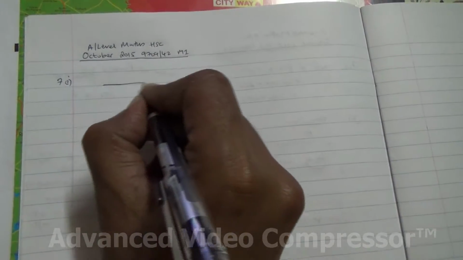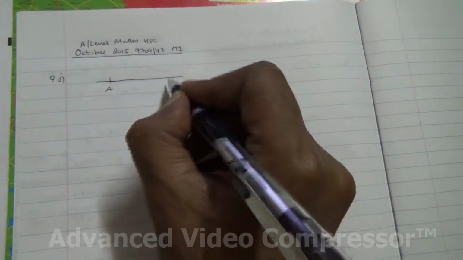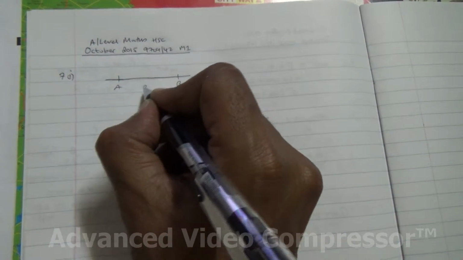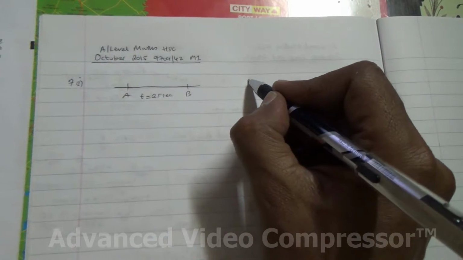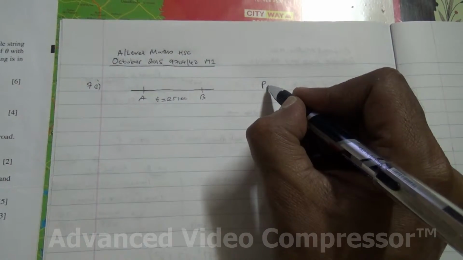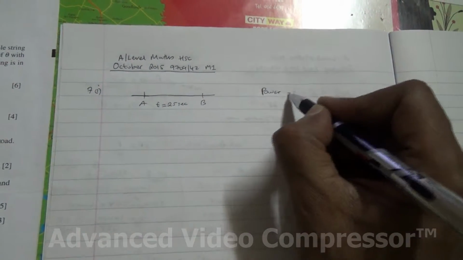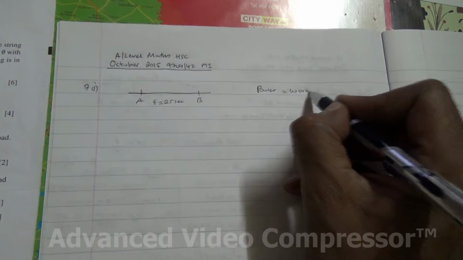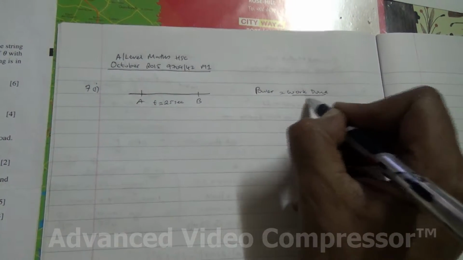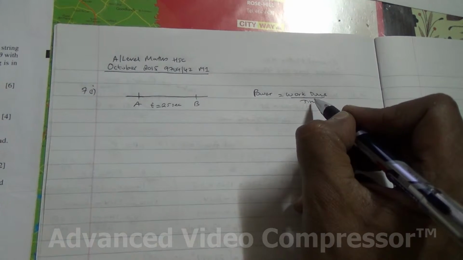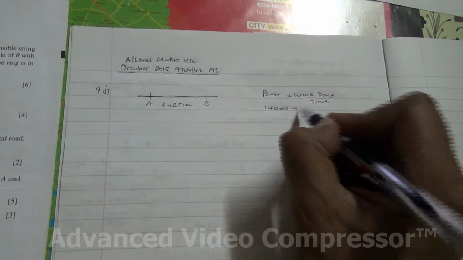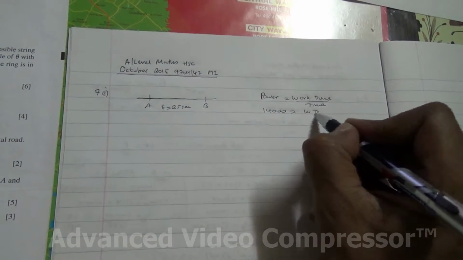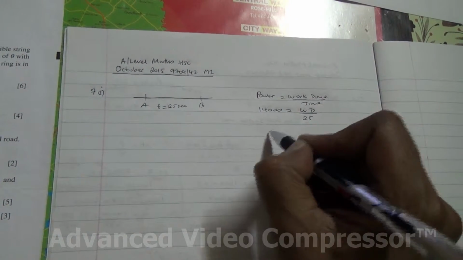Now we need to find the work done as the car travels from A to B in 25 seconds. So what is power anyway? Power is equal to work done divided by time, and the power of the car is 14,000 watts, equal to work done divided by time, which is 25 seconds.